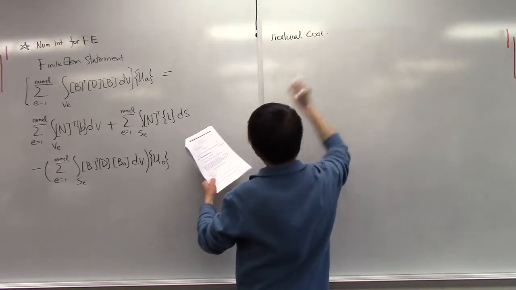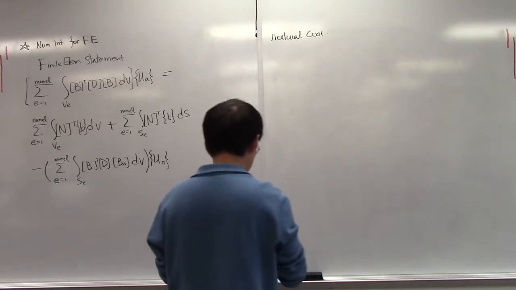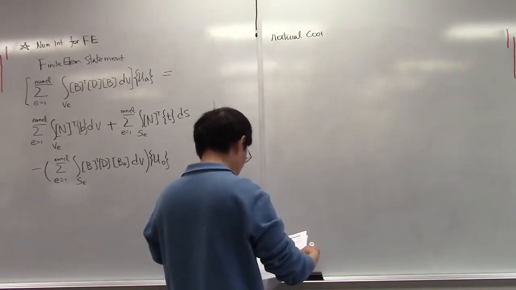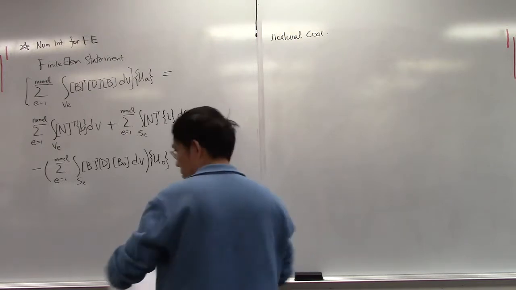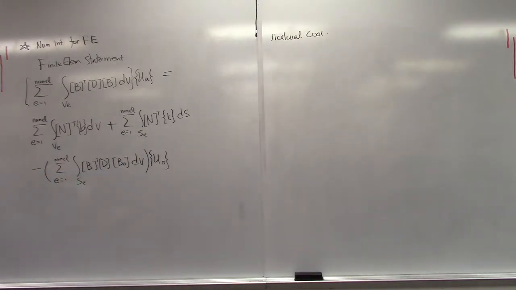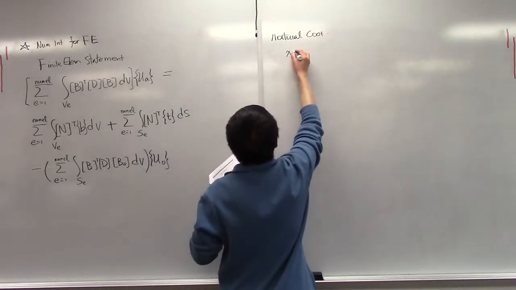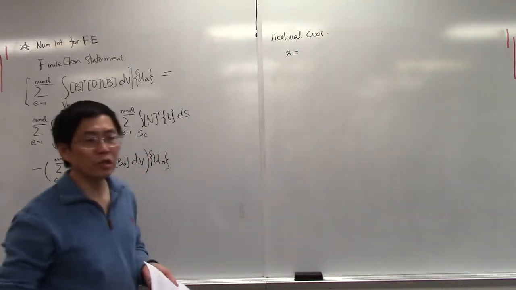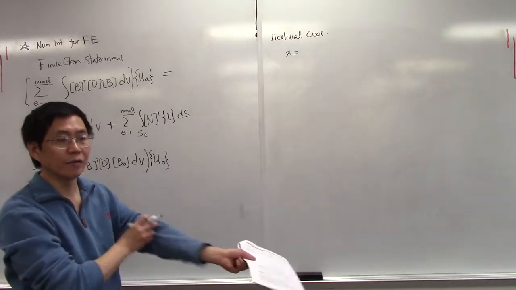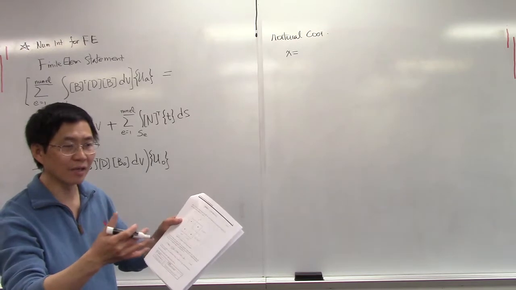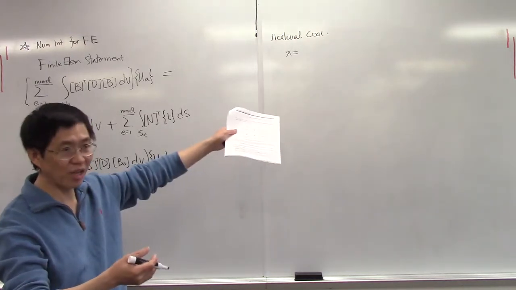Let's assume, remember, in 2D, instead of using those midpoint plus half the length times theta kind of thing, we make use of the shape function.